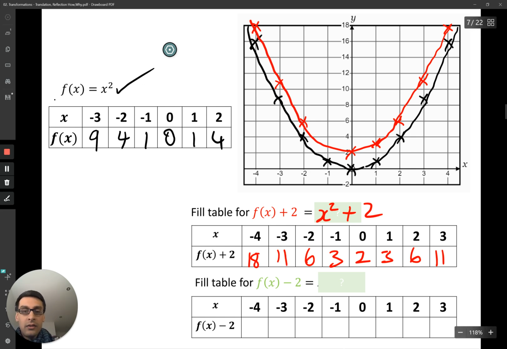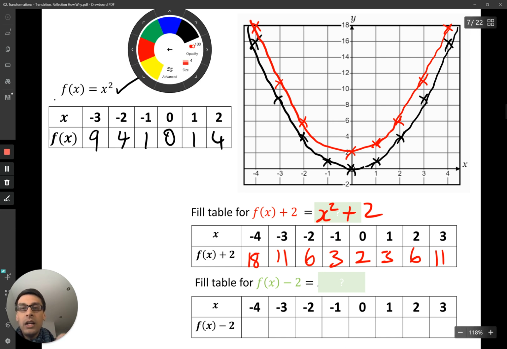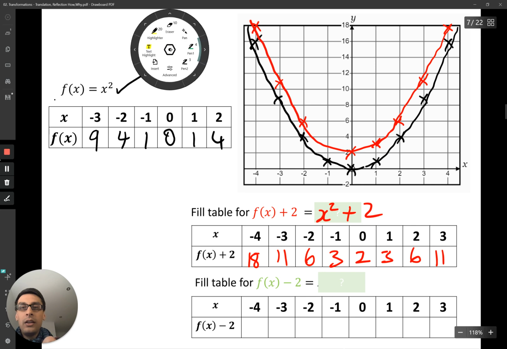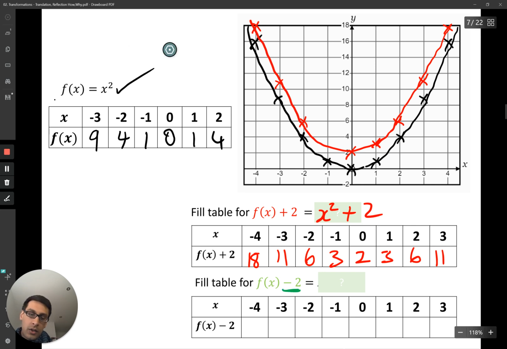And let's see what happens, and this time I'll use a green pen, when I subtract 2. You can probably predict what's going to happen here. I'm just going to fill out this table. So it's going to be f of x minus 2. Now f of x is just x squared, so x squared minus 2.